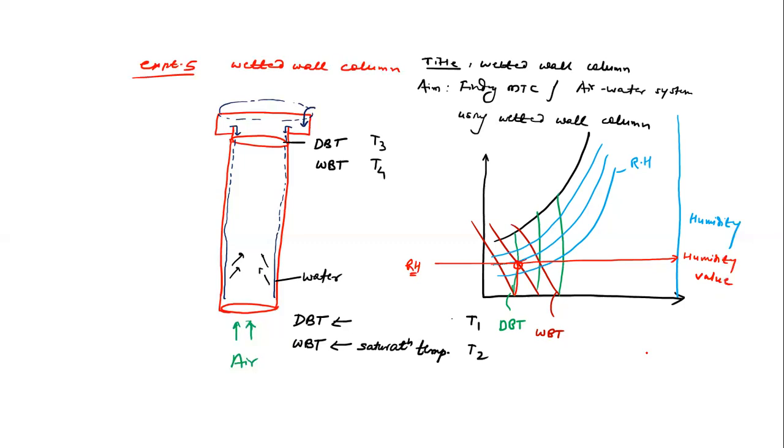Correct? So based on this, we have to find out how much water is evaporated. So what is the formula? Na equals kg into partial pressure, Pa1 minus Pa2. Yes. Now first I have to find out Na.